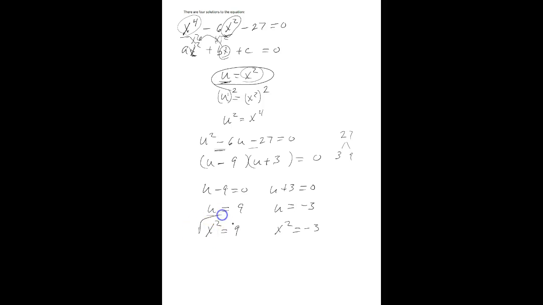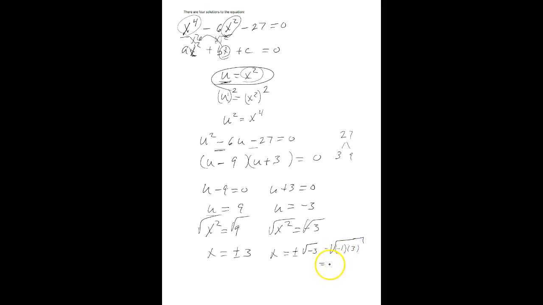Take the square root of both sides, and we get x is equal to plus or minus 3 here. And taking the square root of both sides here, we get x is equal to plus or minus the square root of negative 3. Well, we can break that down into the square root of negative 1 times 3.